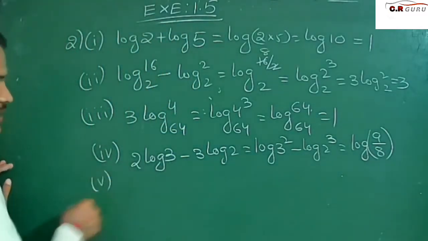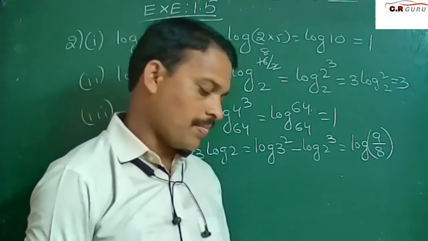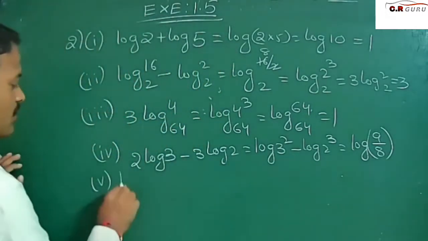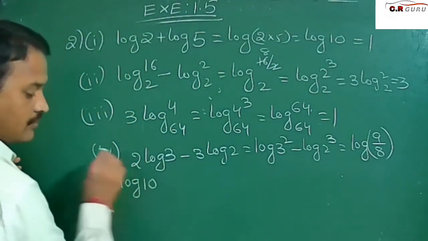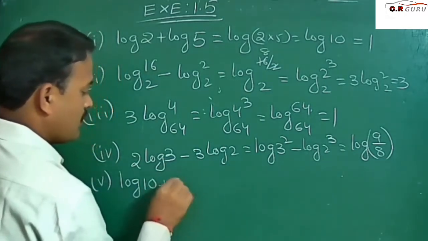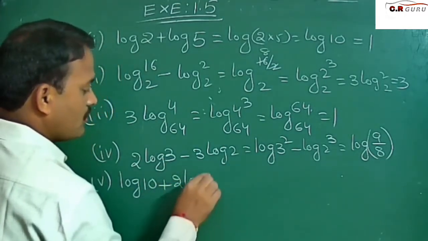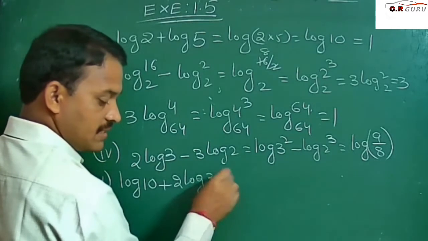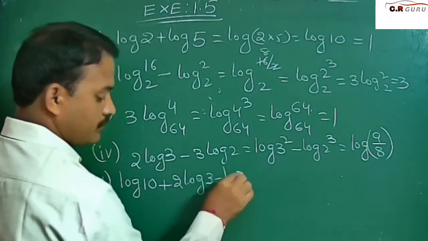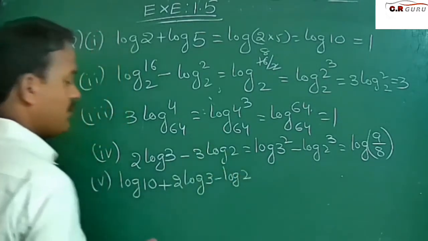Next, I am going to explain the fifth sum, which is log 10 plus 2 log 3 minus log 2. How will we write this?